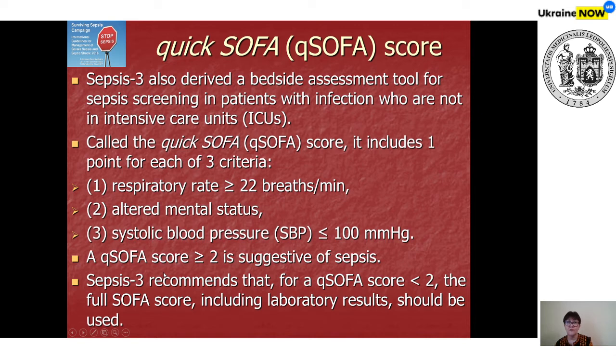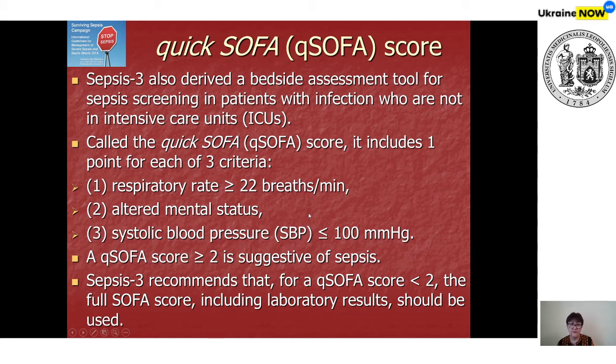Sepsis 3 also derived a bedside assessment tool for sepsis screening in patients with infection who are not in intensive care units. Called the Quick-SOFA score, it includes 1 point for each of three criteria: respiratory rate more than 22 per minute, altered mental status, and systolic blood pressure less than 100 millimeters of mercury.